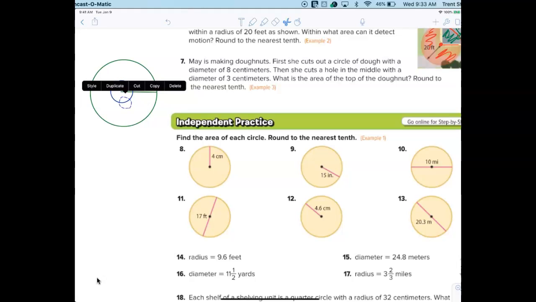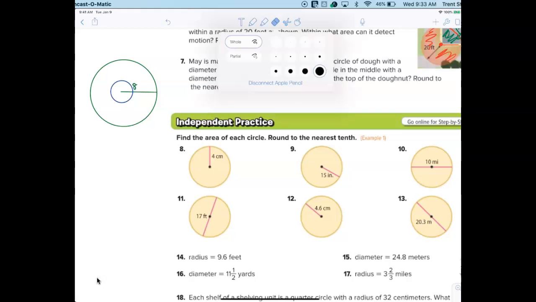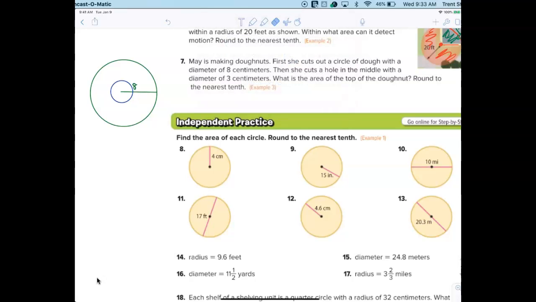Because the diameter is 8, that means the radius is what? 4. The radius is 4. So I'm going to fix that. And then what's the radius of the hole?